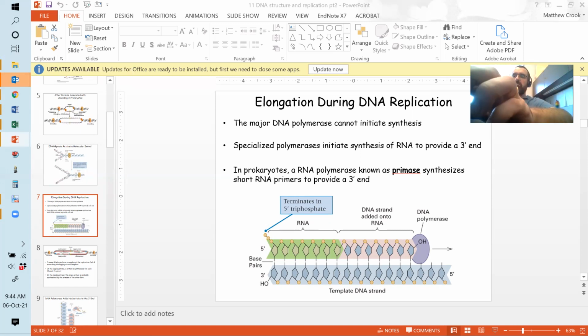In bacteria, this is done by primase, a type of RNA polymerase.